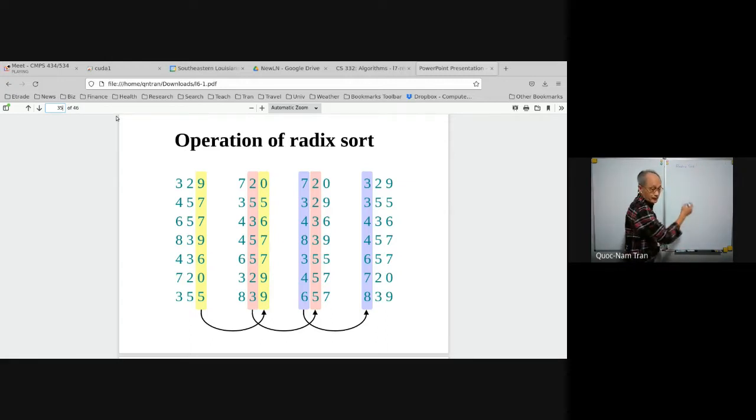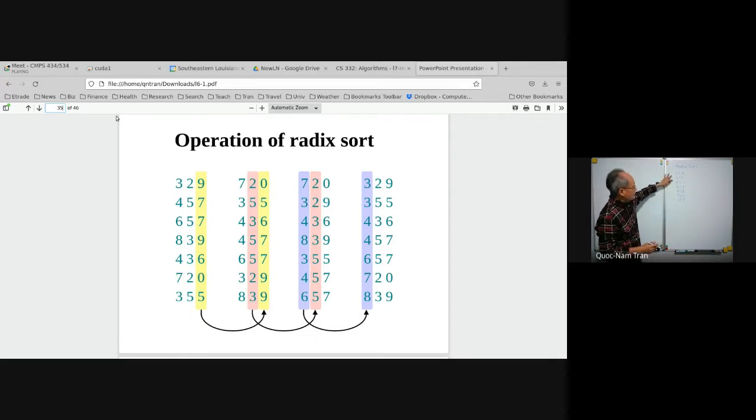Here we have 329, 457, 657, 839, 436, 720, and finally 355.